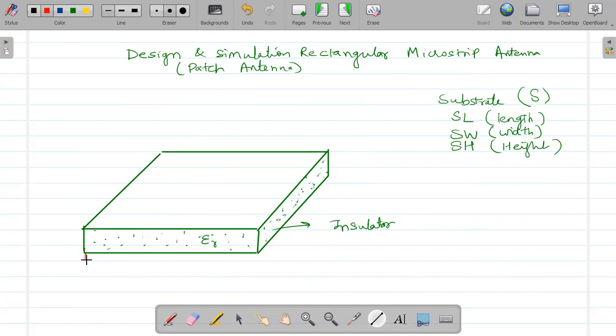It is of the same length, same width, but a different thickness.